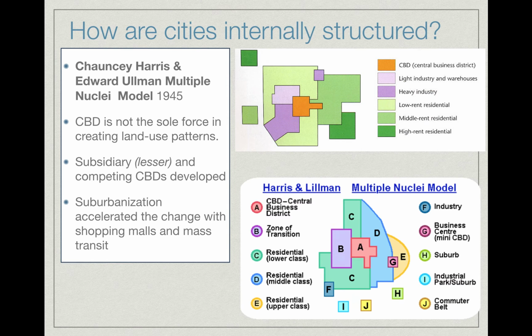Lastly, we have the Chauncey Harris and Edward Ullman multiple nuclei model, which came out in 1945. Here we start to see the idea that the CBD is no longer the sole force that creates these land use patterns. No longer is it a single CBD that's driving all of the transportation, all of the commercial, retail, everything else.